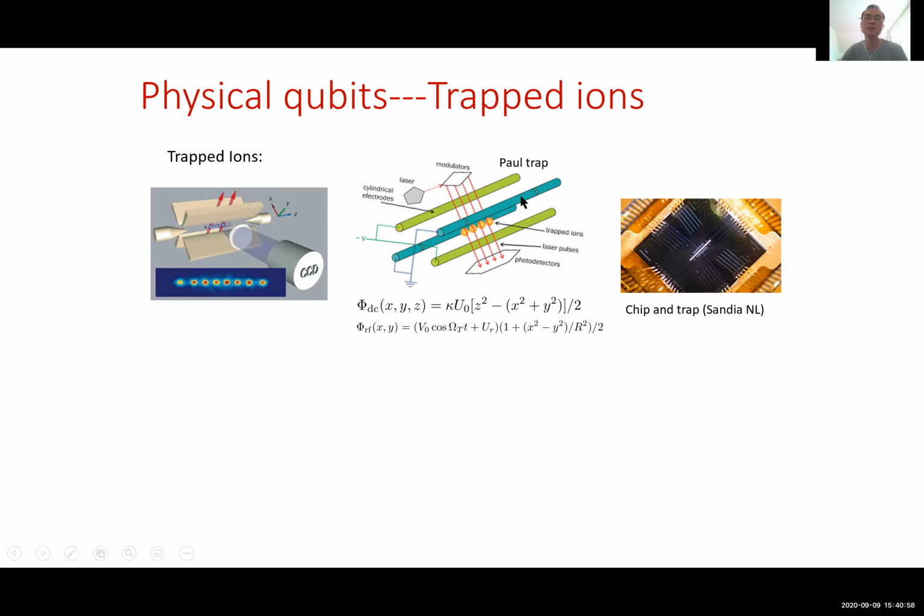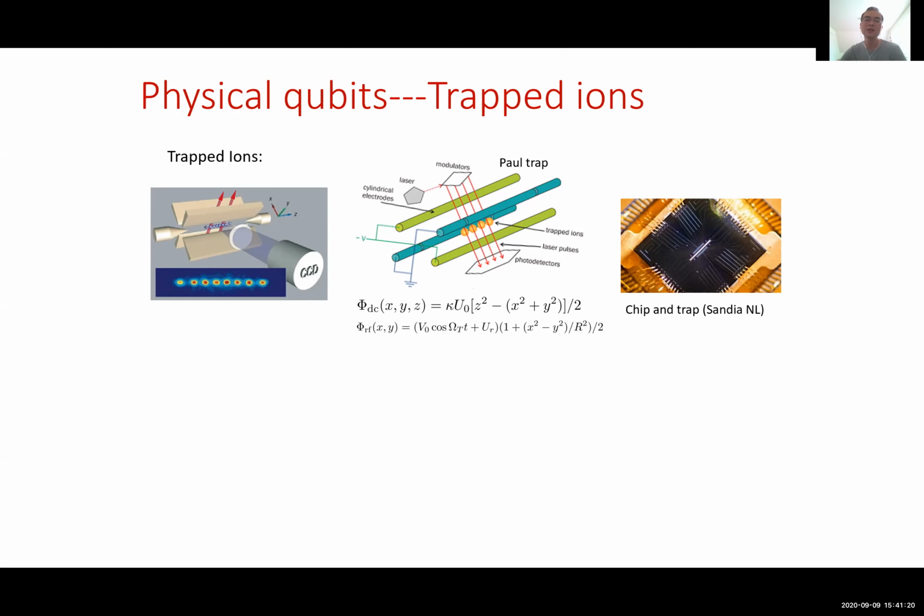There is a center rod and there's a gap, and there are 2 tiny ones. The center one is at some fixed DC voltage, but the outer ones are grounded. And this is the potential you would get, but the details don't matter.